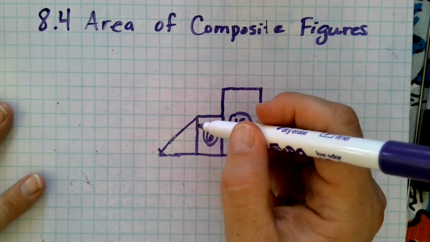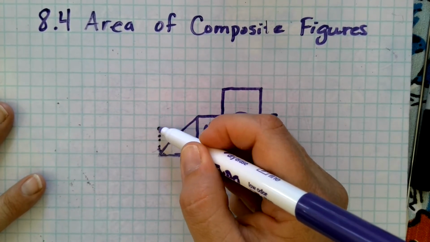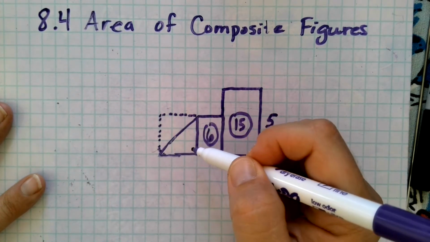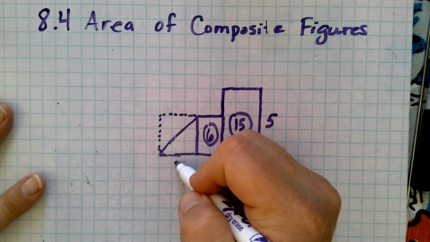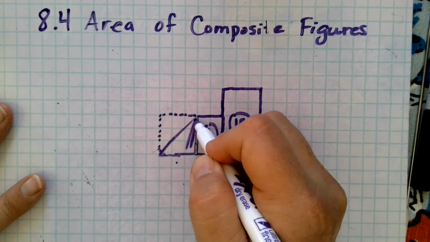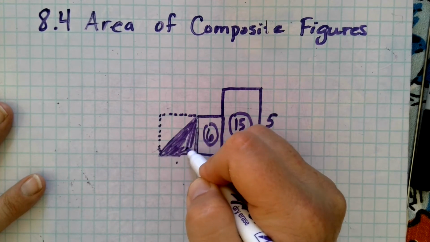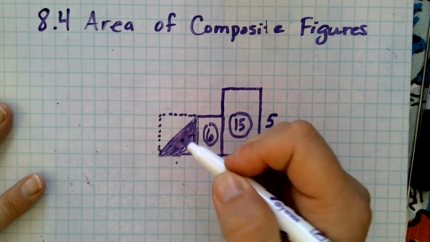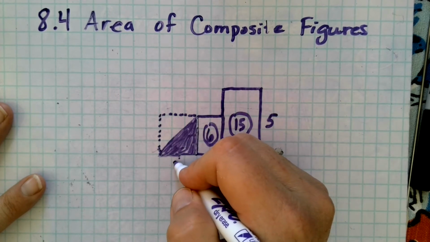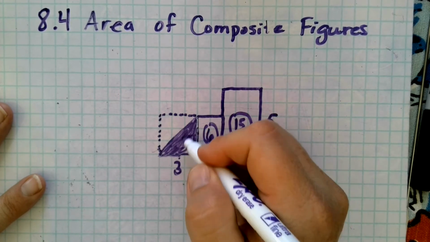So I want to talk to you about imagining that this was a square or rectangle. And so what you're going to find is that the area, this part, is 1/2 of that square, right? Do you guys see that? So in order to find the area, we would say this is 3 times 3, but it's half of that.